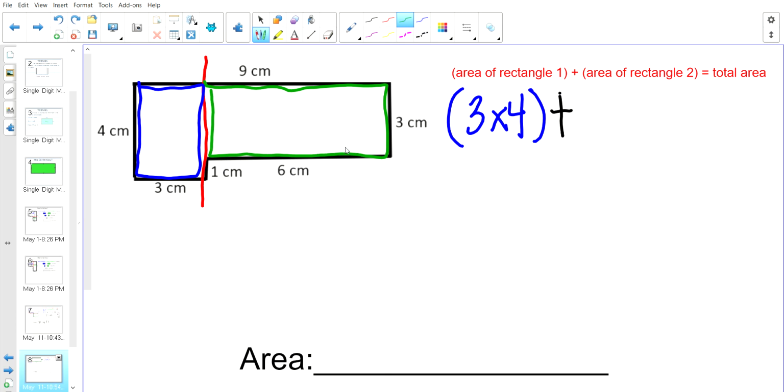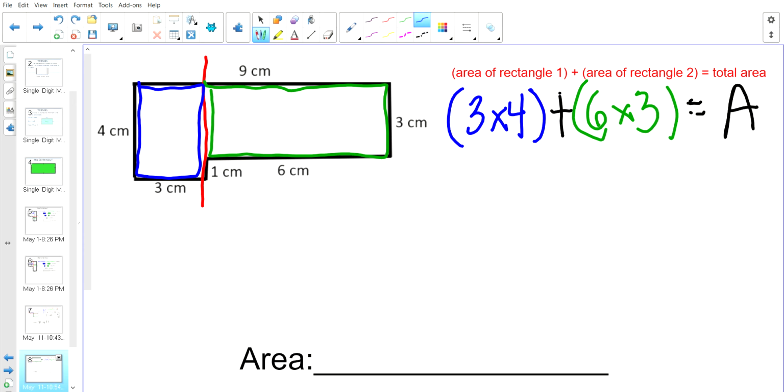This rectangle is actually 6 centimeters long, not 9, because we broke the 9 apart into this part of the rectangle and then the other rectangle. So, third grade, that means that this rectangle, rectangle 2, is a 6 by 3 rectangle. I know that I need to add those 2 together to find the total area.